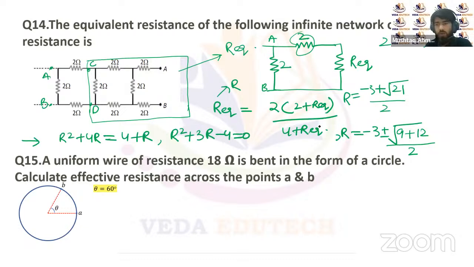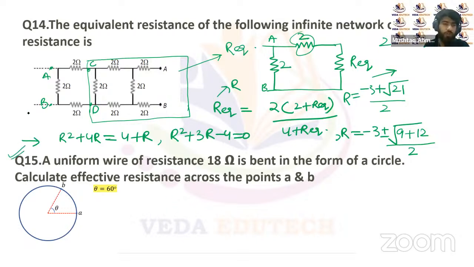So the equivalent resistance for this circuit will be (minus 3 plus root of 21) upon 2. This is how we calculate the equivalent resistance of an infinite ladder circuit.